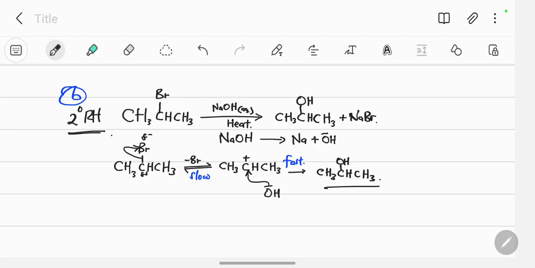So tertiary alkyl halides are giving us alkenes. So those ones are giving us alkenes, and it's stated that tertiary alkyl halides form alkenes instead of alcohols under some conditions.